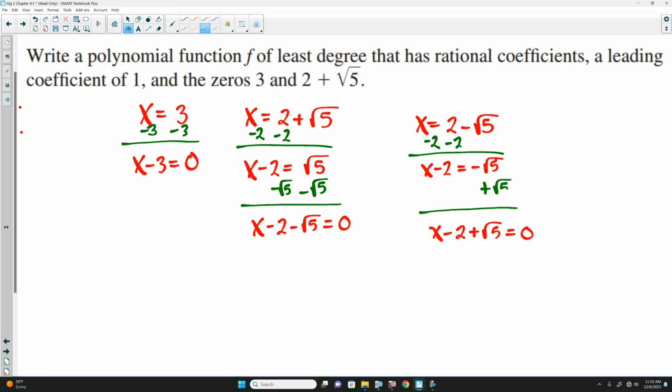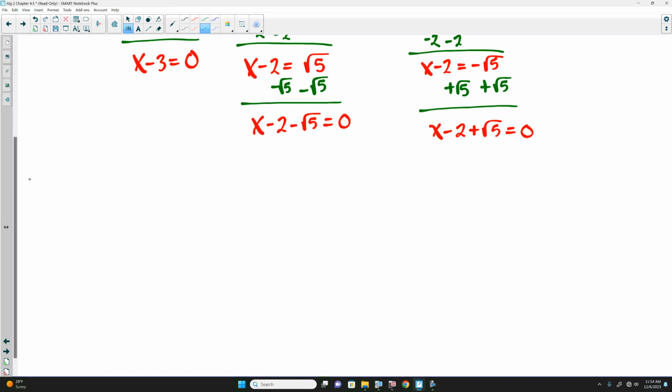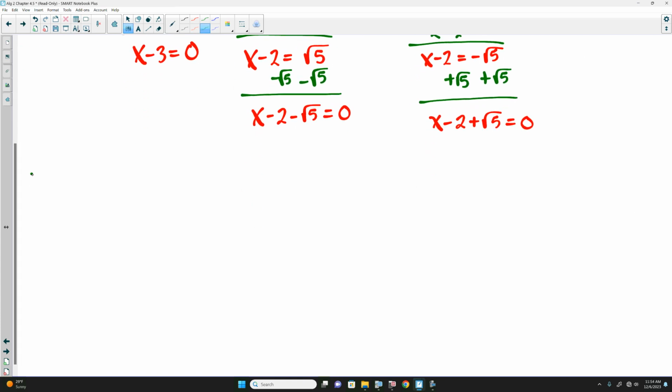And this time we'll have to add the square root of 5 instead of subtracting it, because it has the opposite sign. And we get this here. Questions on how we got to this point here? Next step.